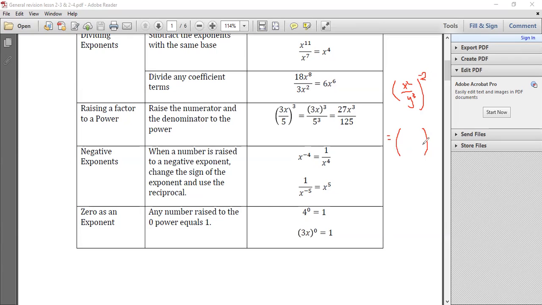In this case, we can switch the numerator with the denominator inside the parentheses, which means I'm going to make y to the power of 3 over x to the power of 2.